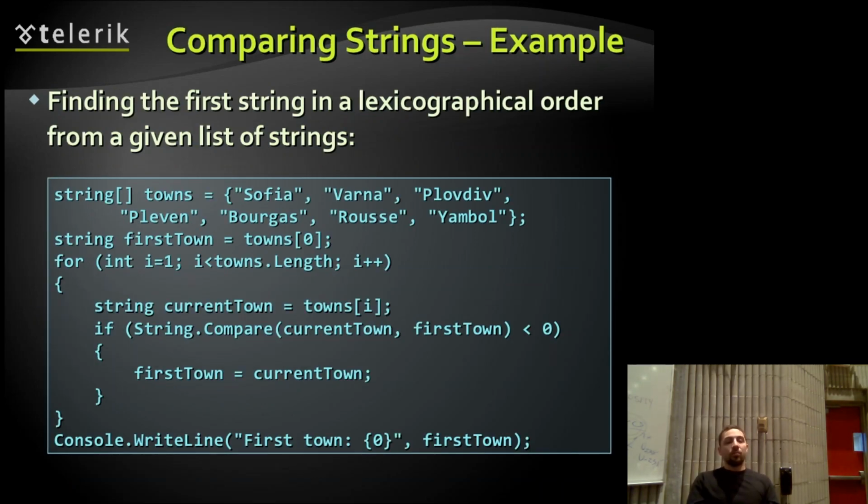Okay, so what we've got here, I believe, is a linear search. Find the first string in lexicographical order. Okay, so this is not quite. This is a linear search for the earliest value, meaning the value closest to the beginning of the alphabet. So these are a bunch of towns. Bulgaria, right?